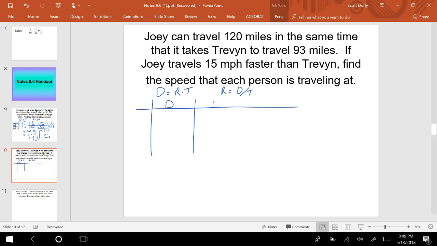Make a little chart: distance, time, rate. Joey can go a distance of 120 miles at the same time it takes Trevin to travel 93.